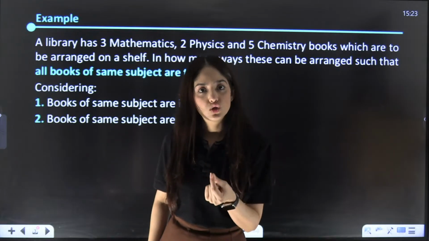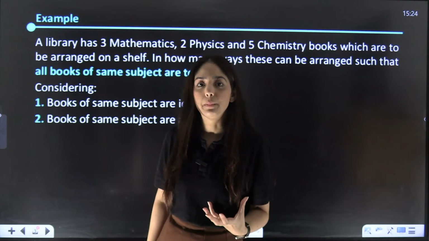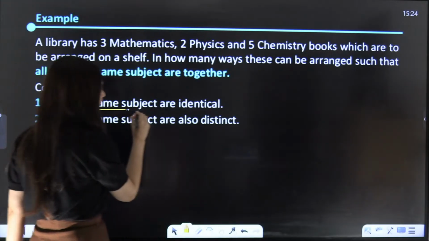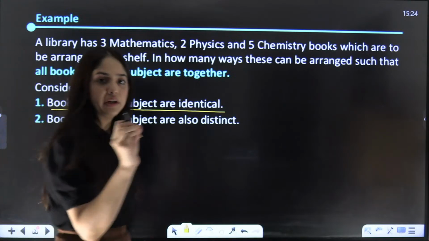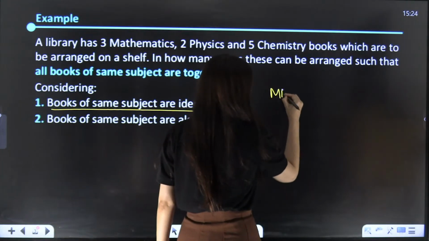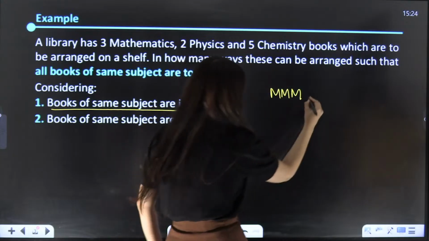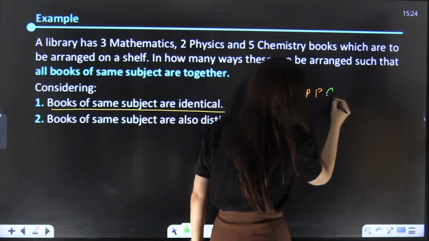One thing stays common: we have to form the bundle. So the first case, when books of the same subject are identical, means we have 3 maths books, 2 physics books and 5 chemistry books.